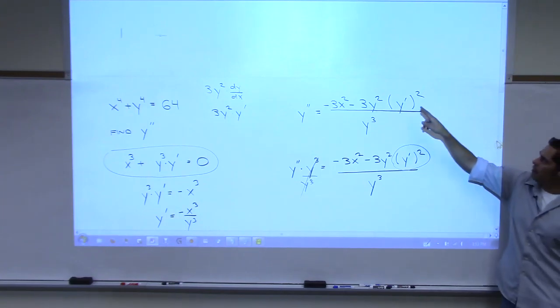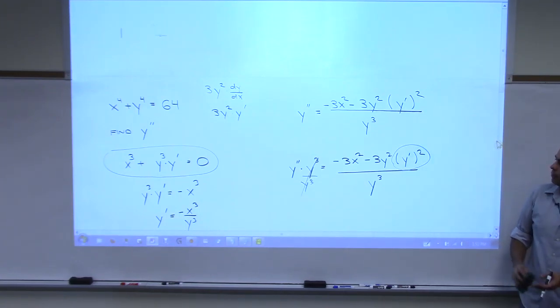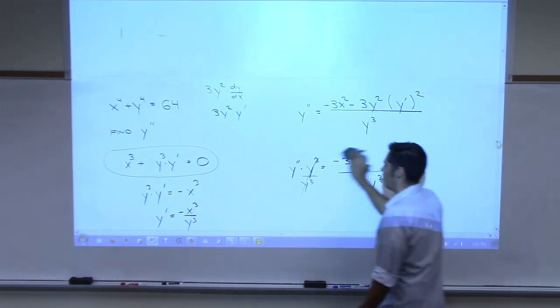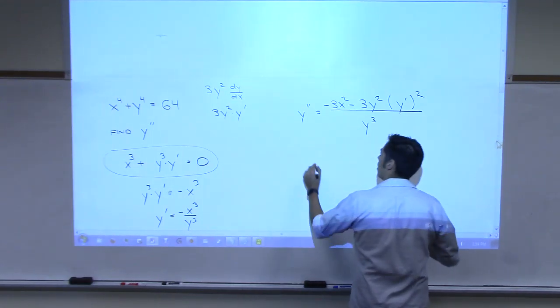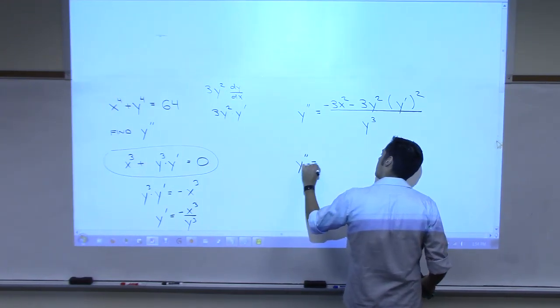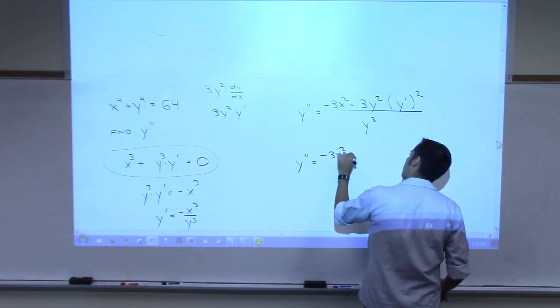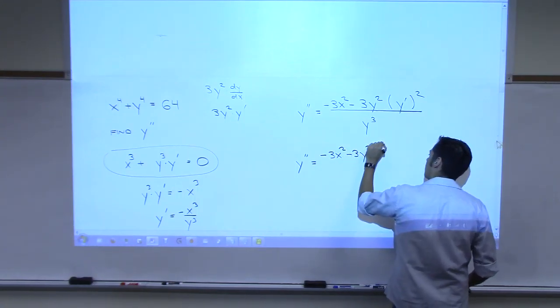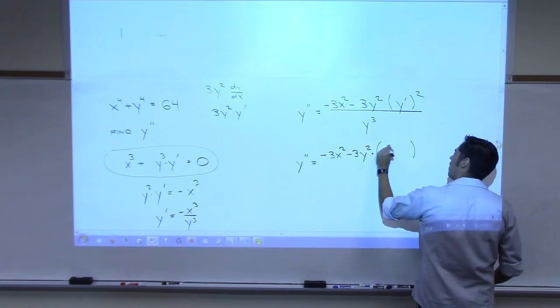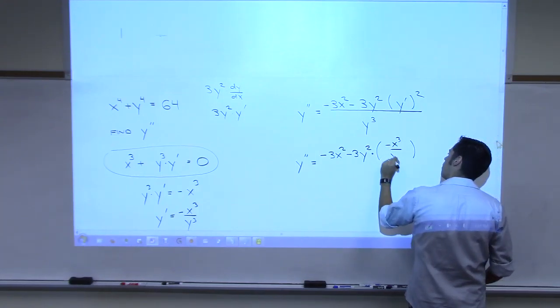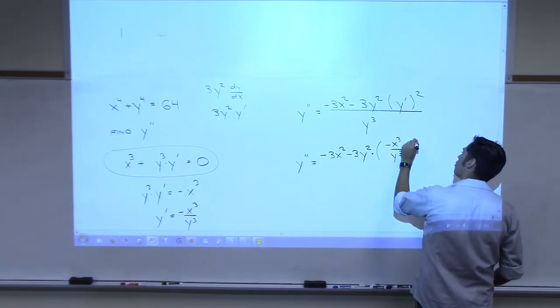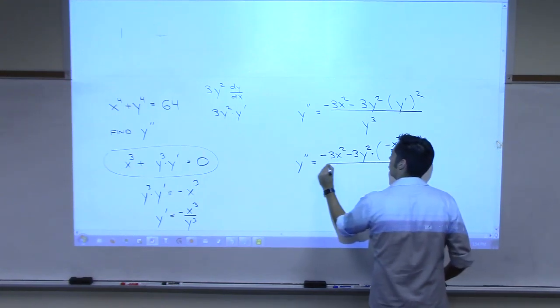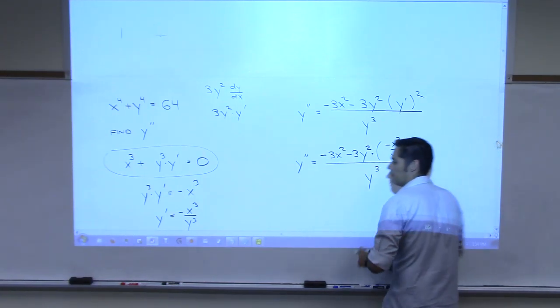And I'm going to put that right there. I'm going to rewrite it. y double prime equals negative 3x squared minus 3y squared times negative x cubed over y cubed squared, over y cubed.